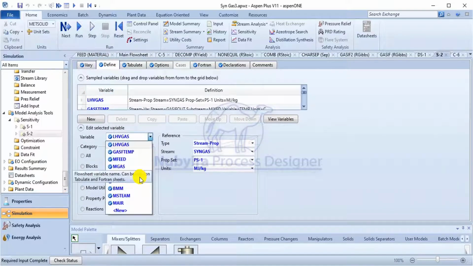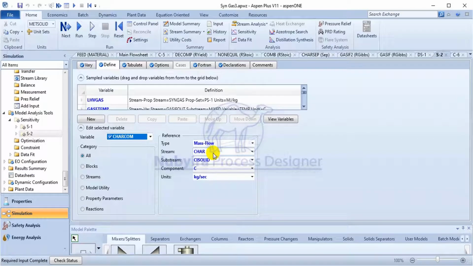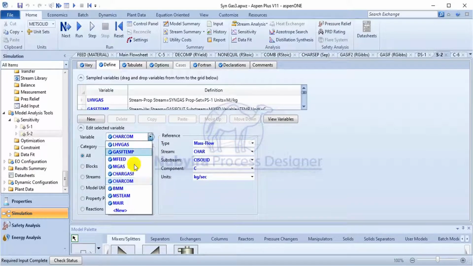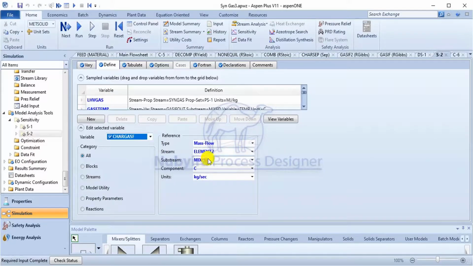The char combusted is for char. You can see the stream name char and the components; the substream is conventional inert solid and carbon, in kilogram per second. The other char is the one that is sent to the gasifier for equilibrium reaction, the mixed stream, carbon in kilogram per second.